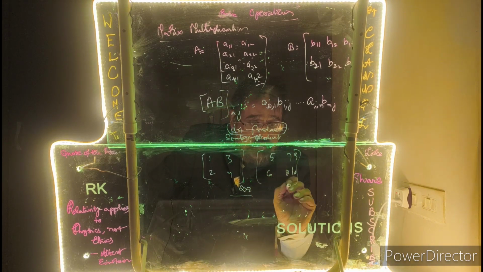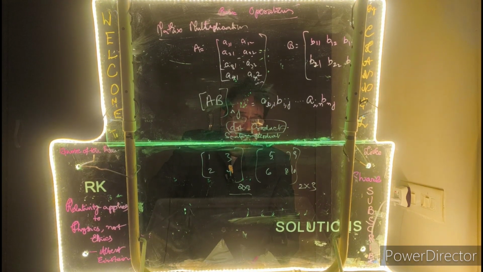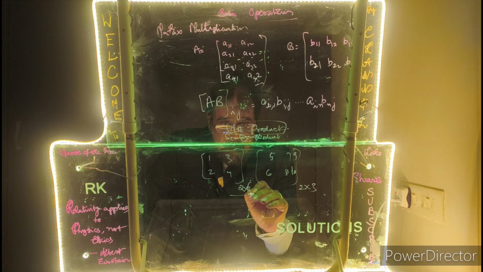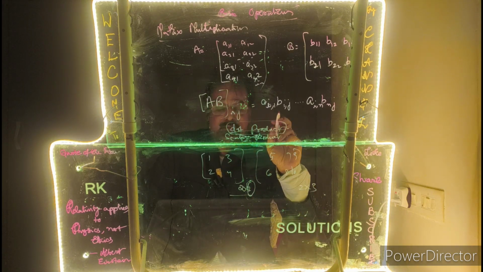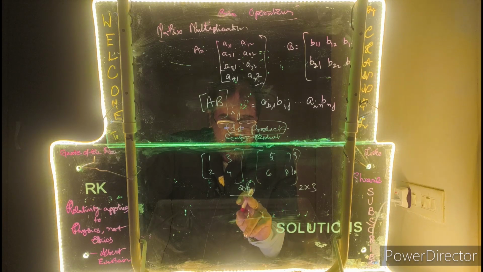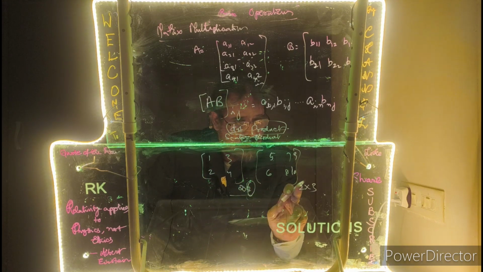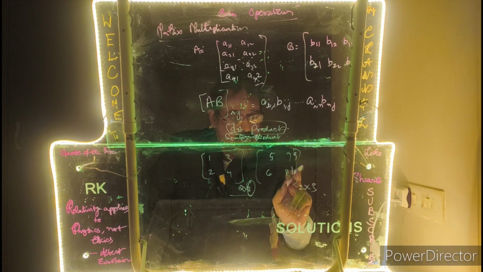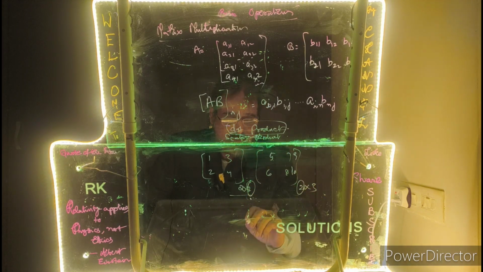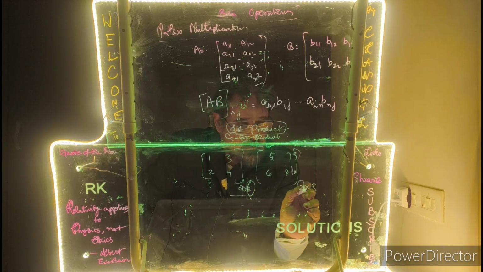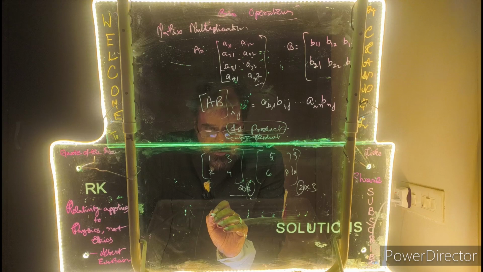This is a 2 by 3 matrix. The columns of the first should be equal to the rows of the second, so 2 by 2, 2 by 3, we can multiply.